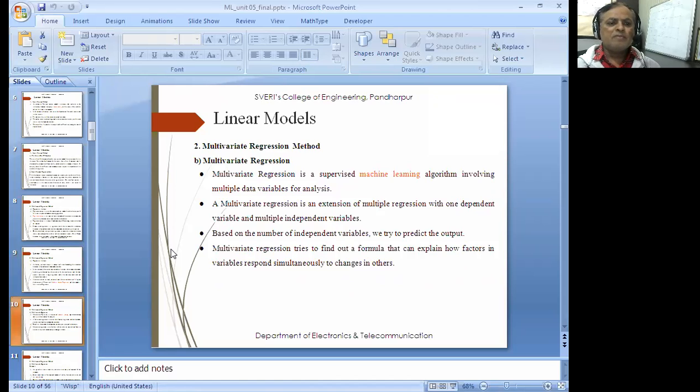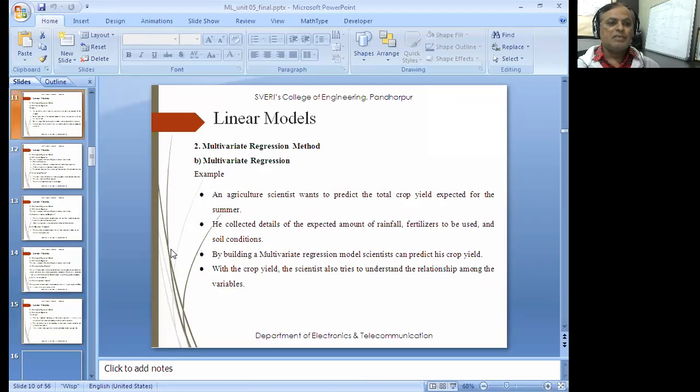It involves multiple data variables for the analysis, and it is an extension of multiple regression with one dependent variable and multiple independent variables. Based on the number of independent variables, it tries to predict the output. Multiple regression tries to find the formula that explains how factors in variables respond simultaneously to changes in the others.